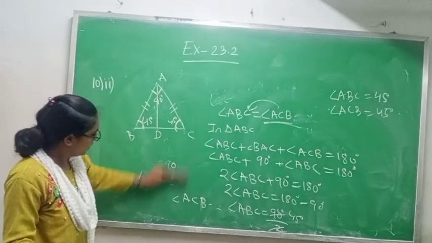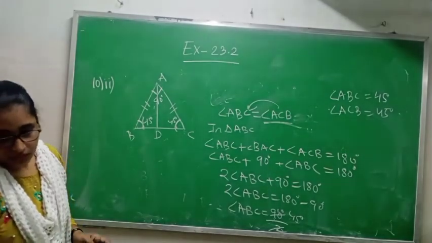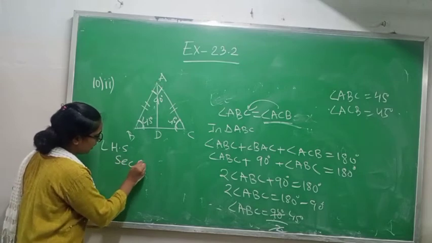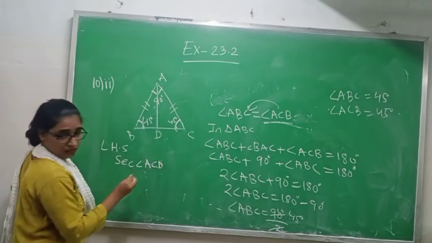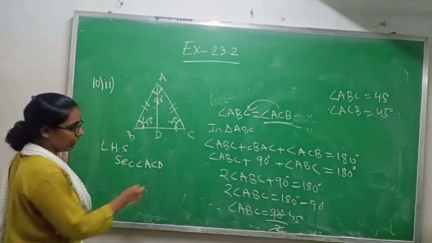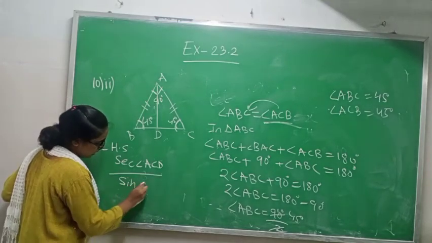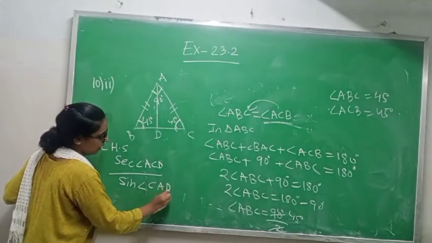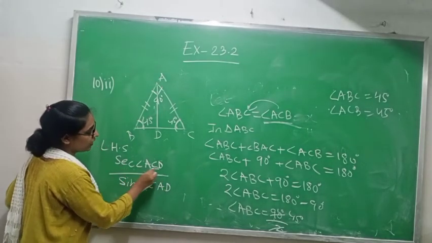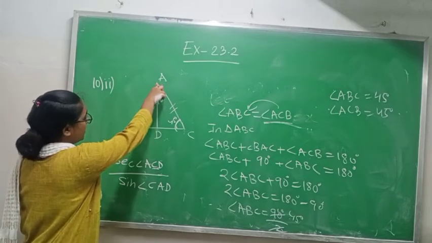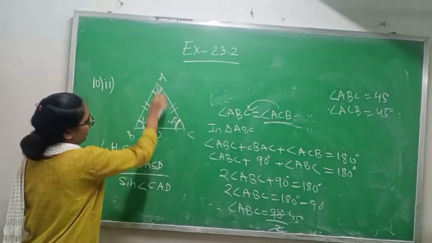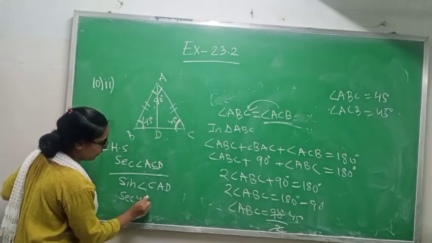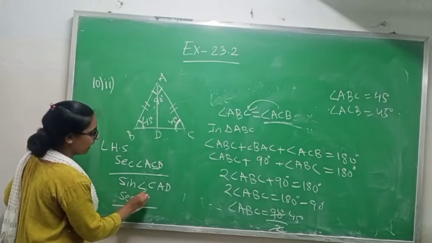Now see, in LHS, what they are asking: sec angle ACD by sine angle CAD. Sec angle ACD, means this angle. Angle ACD is 45 degrees, so you will write sec 45 degrees.